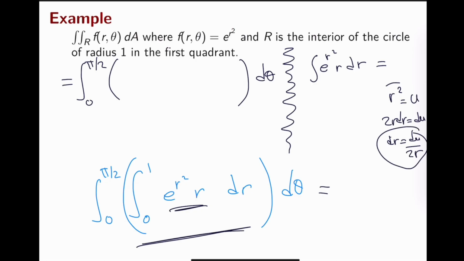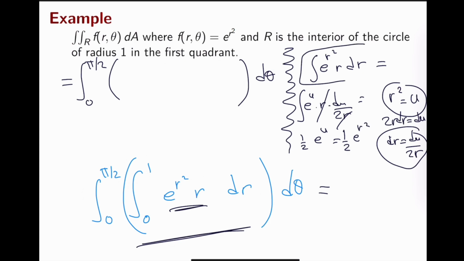So we're going to change this in this integral, and it becomes the integral of e to the u times r times dr, and dr is du over 2r. Now r and r cancel, and this is 1/2 the integral of e to the u, which is e to the u again. And doing the change of variable back, this is 1/2 e to the r squared.